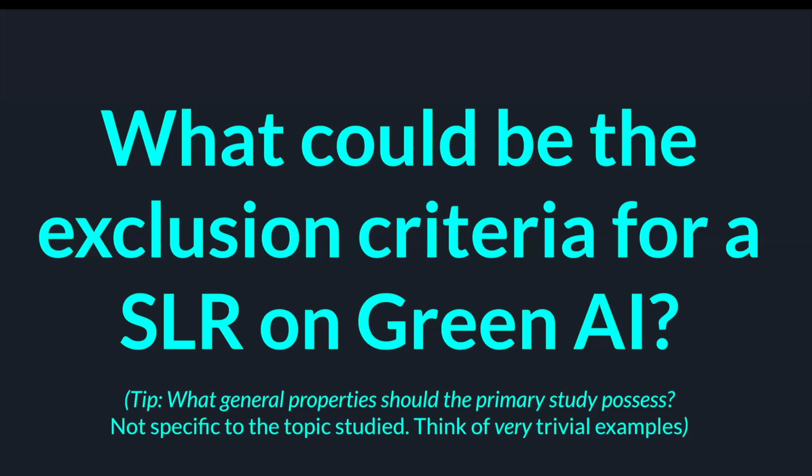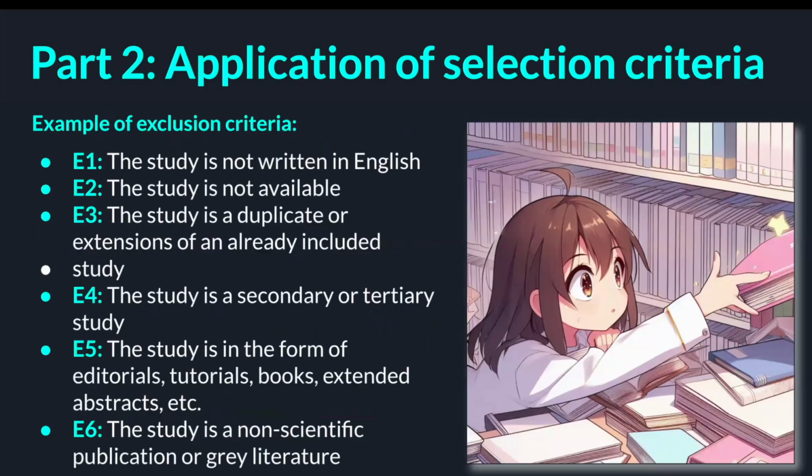Or the paper is not accessible to us because it's behind a paywall. Or we already included that paper in another version. It was a bit what we talked about with Elias. Or we don't want to include secondary studies, so other studies which are doing the same thing that we are doing, basically, just the primary ones.